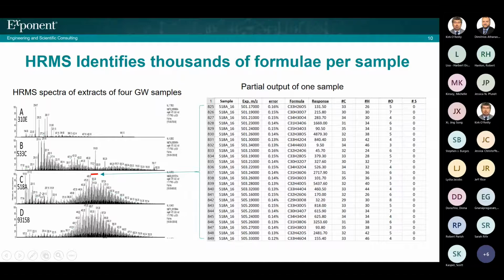If you looked across this entire run, I think we had 2,500 or more formulae that we were able to identify, that we were then able to use to understand the chemistry and compare samples across the site, and understand whether these formulae are similar or different to ones we see in other types of samples.